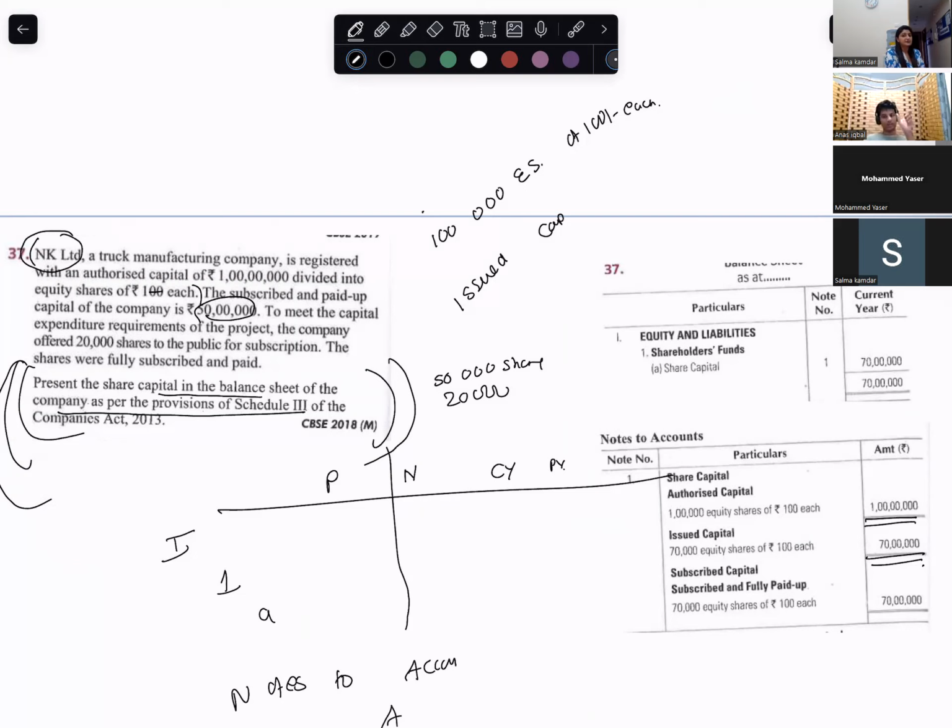Subscribed capital, subscribed and fully paid, 70,000 equity shares of rupees 100 each. And this amount will go here. Don't forget these 2 lines like this.